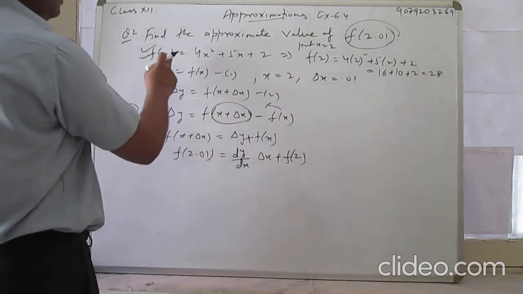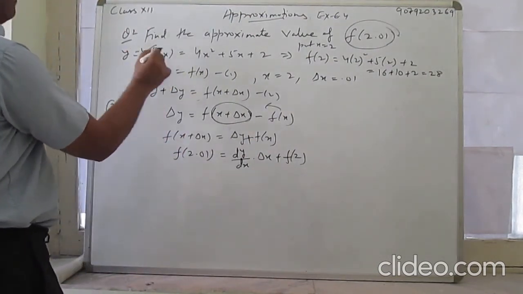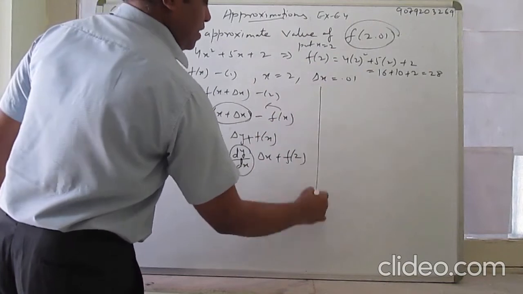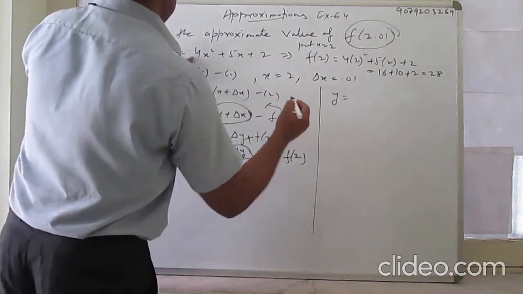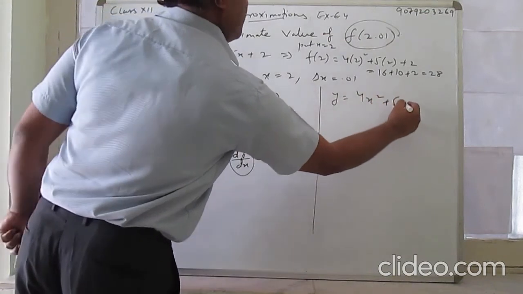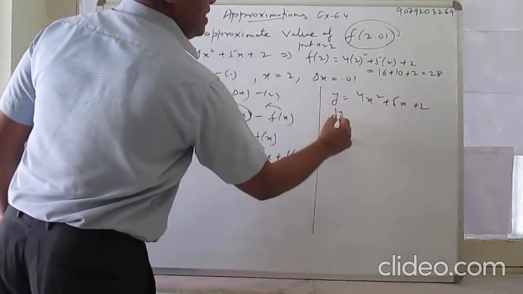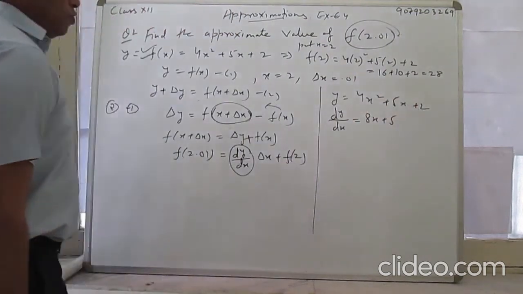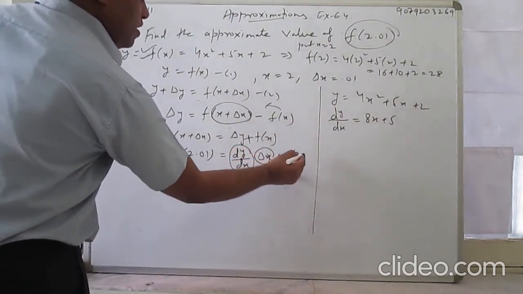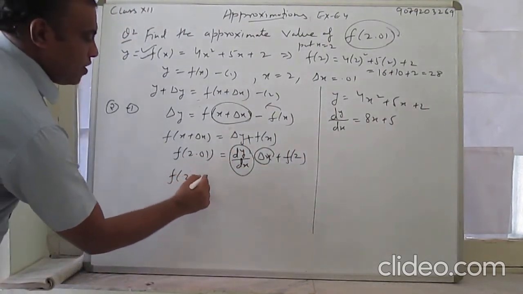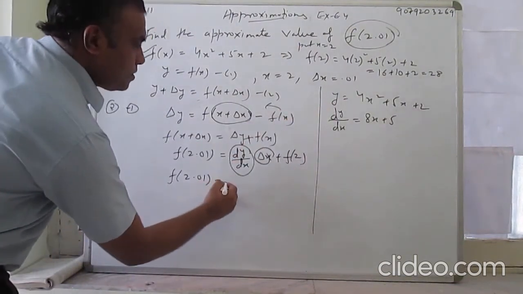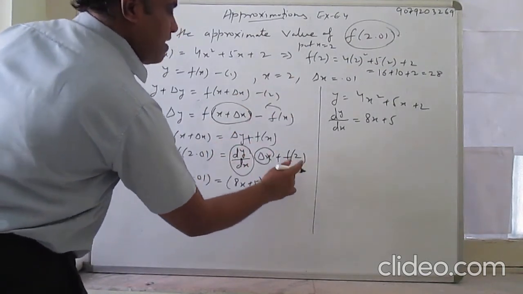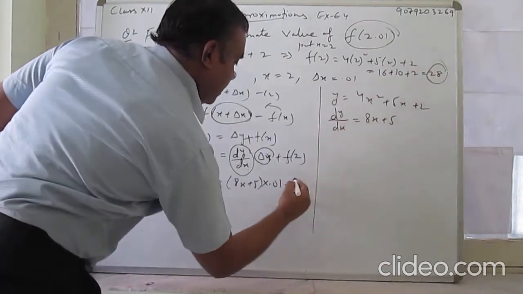Now what is dy/dx? It is f'(x). Y is given to you as 4x² + 5x + 2, so dy/dx is equal to 8x + 5. Putting the values: f(2.01) equals dy/dx, which is 8x plus 5, into delta x, 0.01, plus f(2), which is 28.